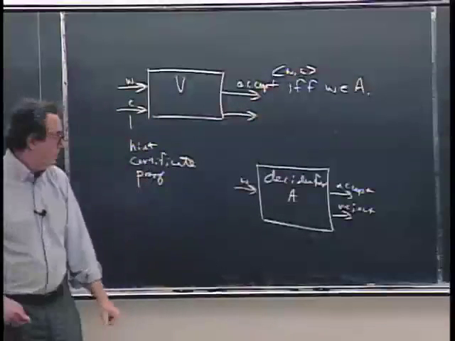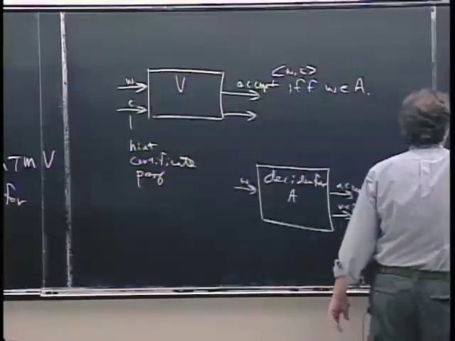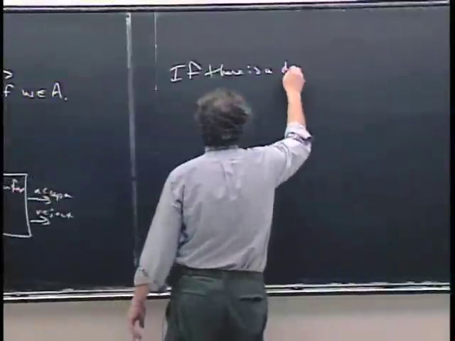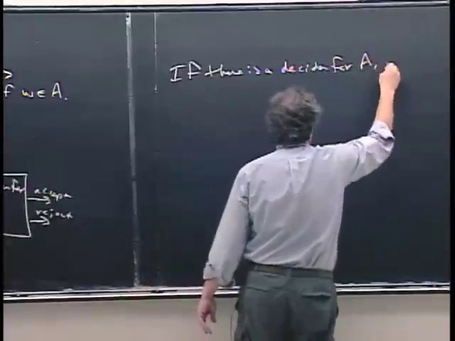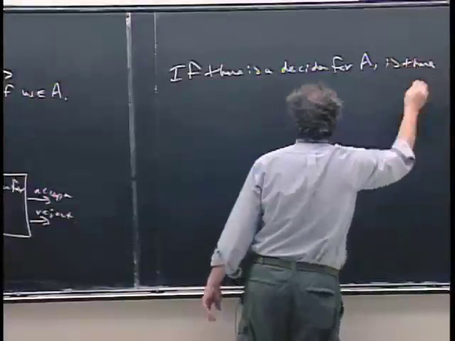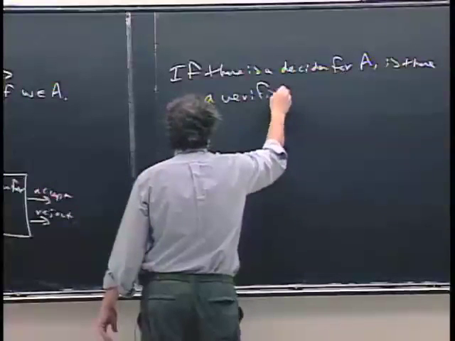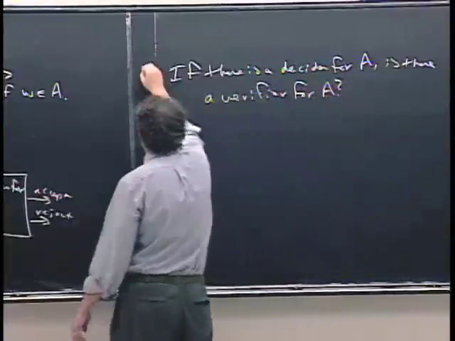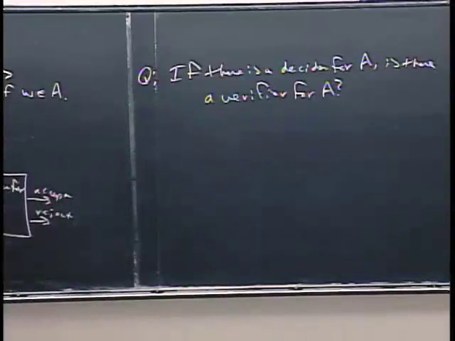So let me ask you the following question. If there is a decider for A, is there a verifier for A? I hear a yes.